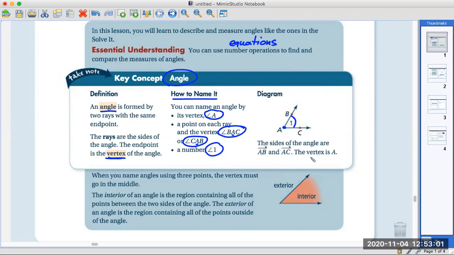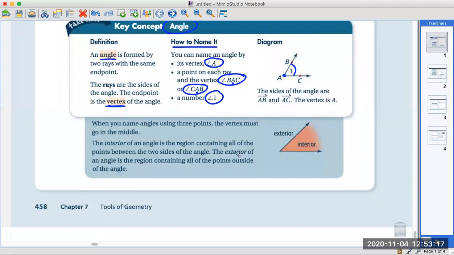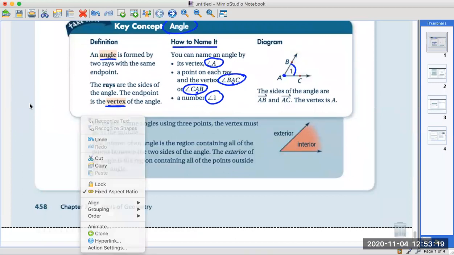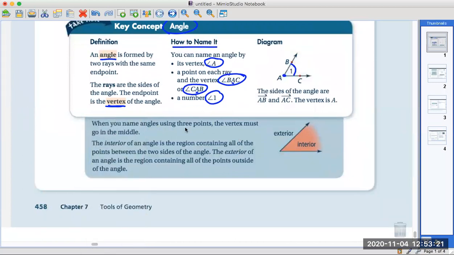Again, this is reiterating the same story. You need to know how to name an angle correctly. That's part of the lesson. You need to know what a vertex is. That's pretty much the important part of this box. When you name angles using three points, the vertex must go in the middle.